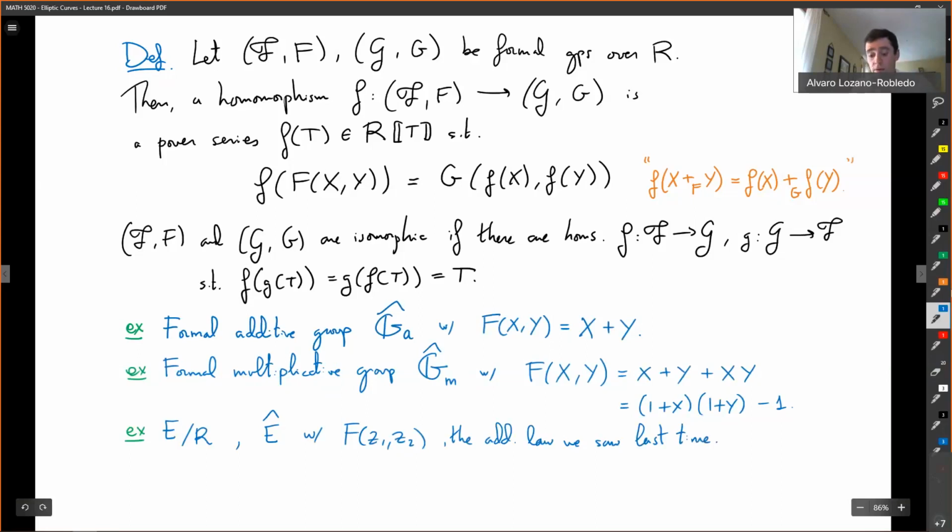Okay, that law satisfied all the properties that we had, and so we use it as our prototype. How about homomorphisms? Some examples of homomorphisms.